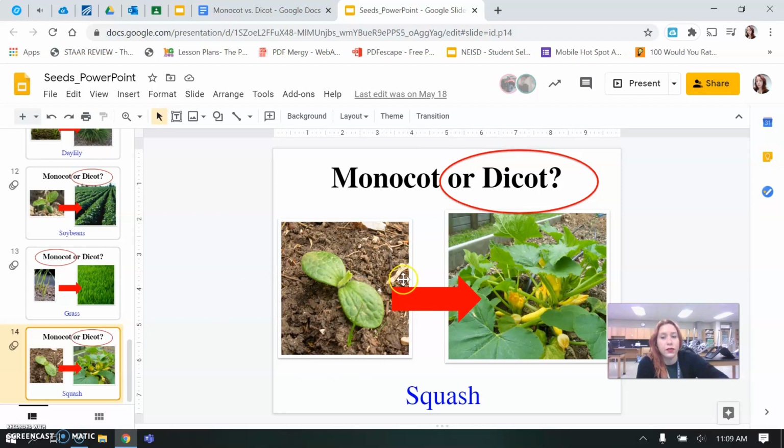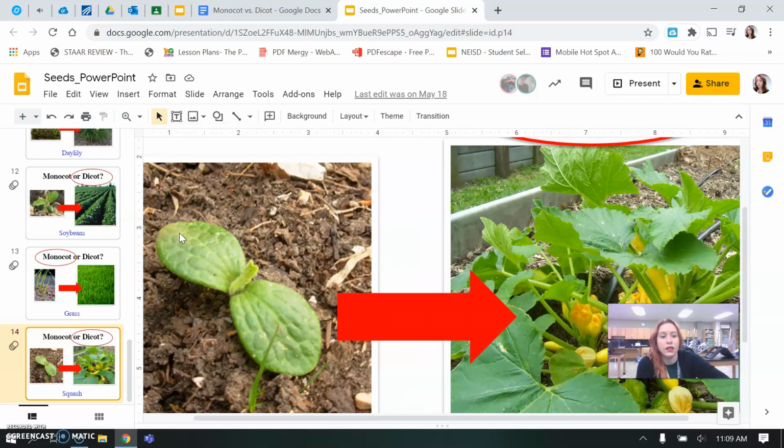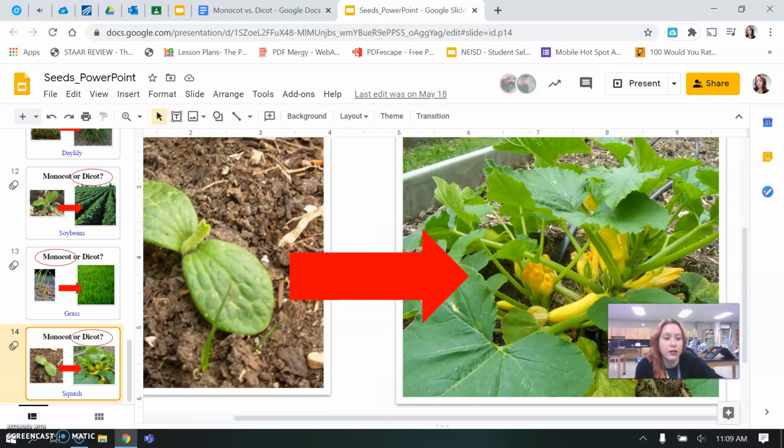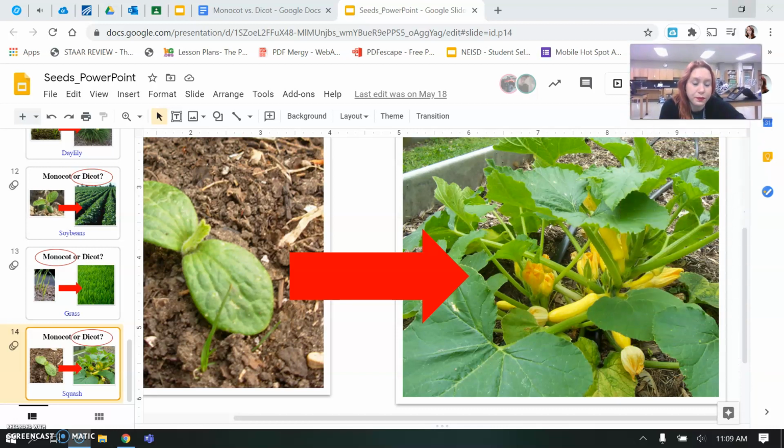And I like this picture of the squash. I'm going to zoom into it because we were talking about in the past the life cycle of our beans. And so if you look at this picture and you think about the life cycle of our beans and really most plants, fruit plants, the seed will start to sprout, right? And then it will turn into the adult plant, and then it will flower.